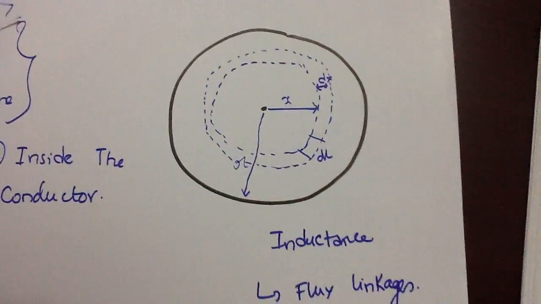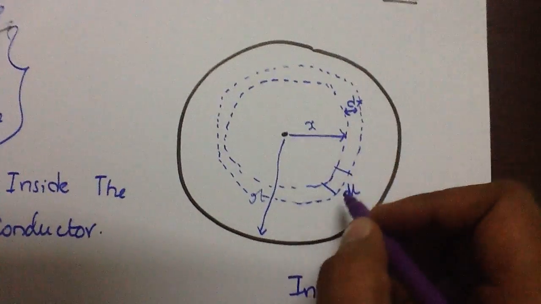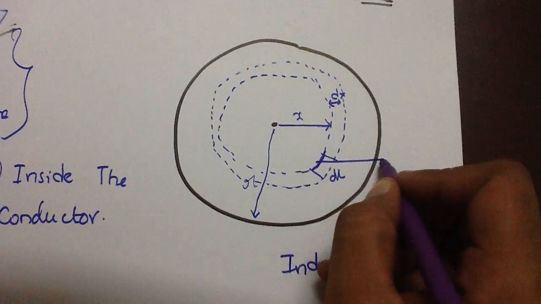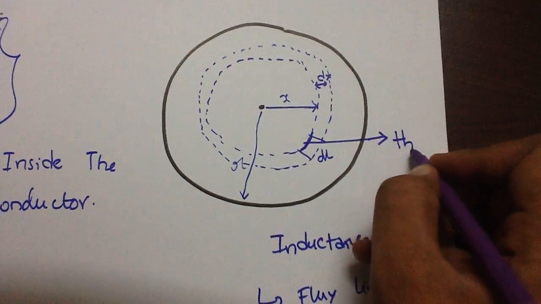Now, at this small differential length, I'm going to calculate the magnetic field intensity, Hx.